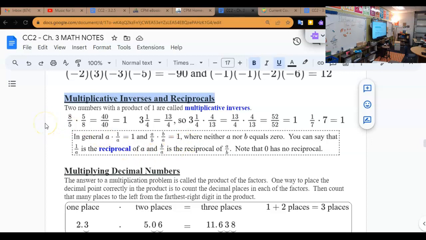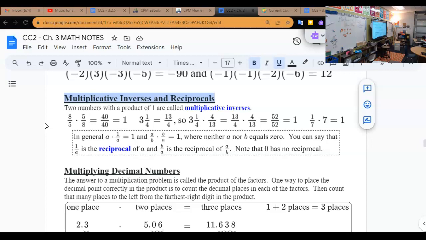In your math notes, it tells you exactly what a multiplicative inverse is. And the synonym for that is reciprocal. But if I was you, what I would maybe write off to the side is a really good memory trick in my brain.